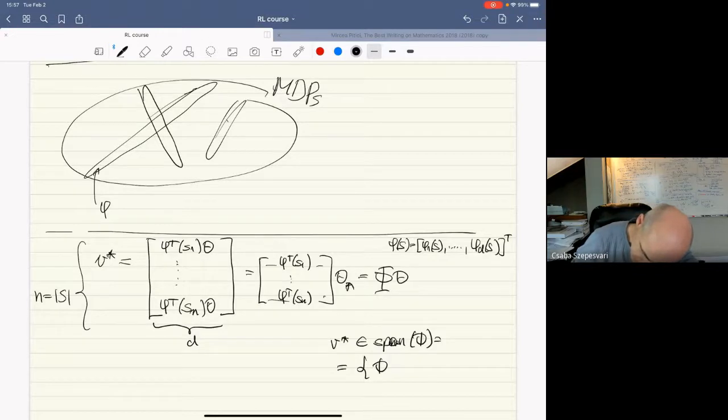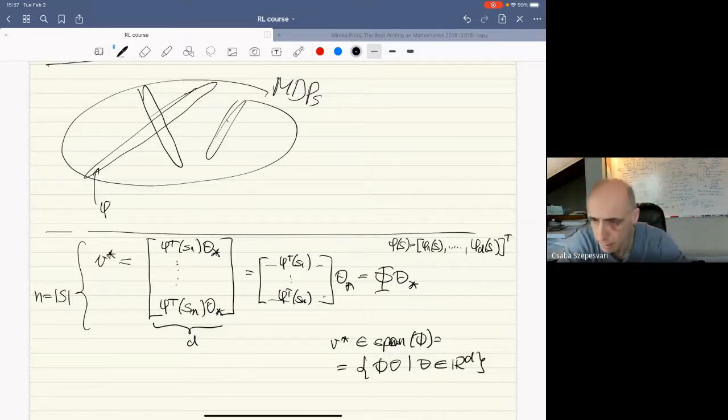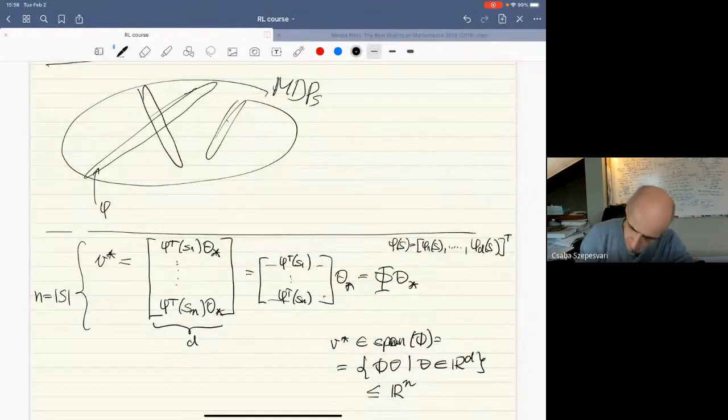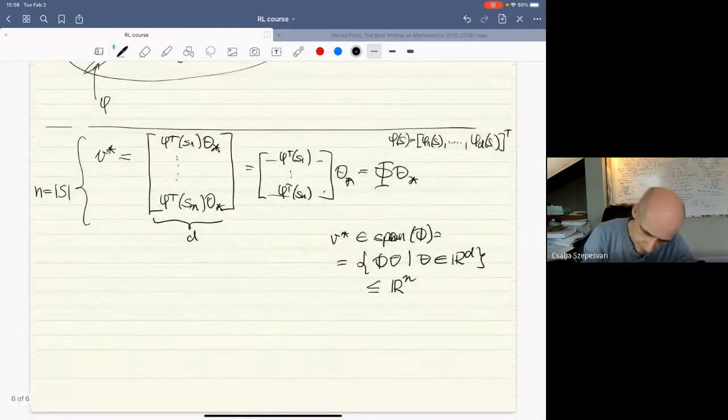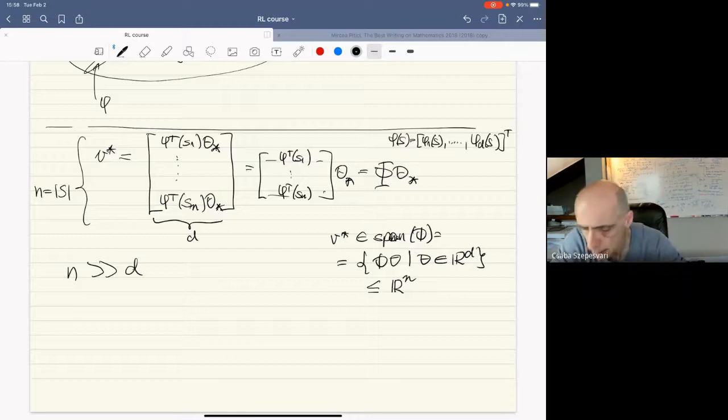Maybe I put in a star there so that this is the special vector, and we have all of these other d-dimensional vectors. This is the span of phi, the span of features. These are all the functions that you can express with the features. That's a d-dimensional subspace of the n-dimensional big vector space, and here n is much, much bigger than d. So it's like working with subspaces.